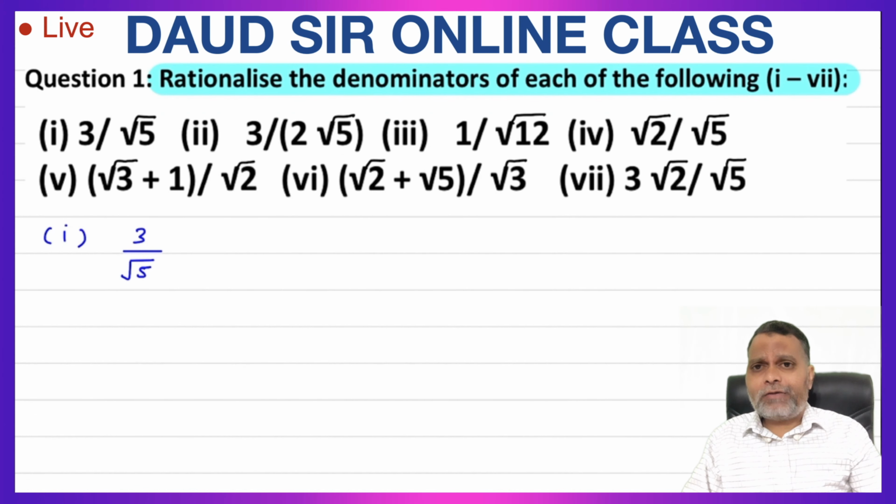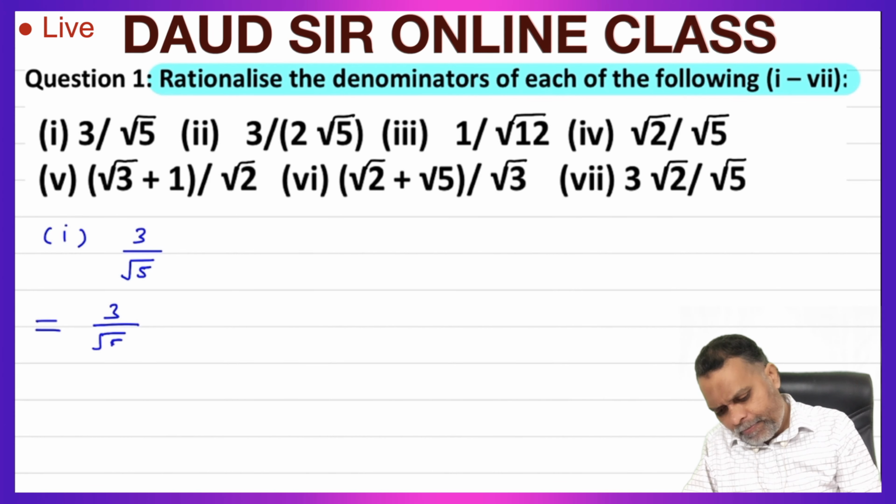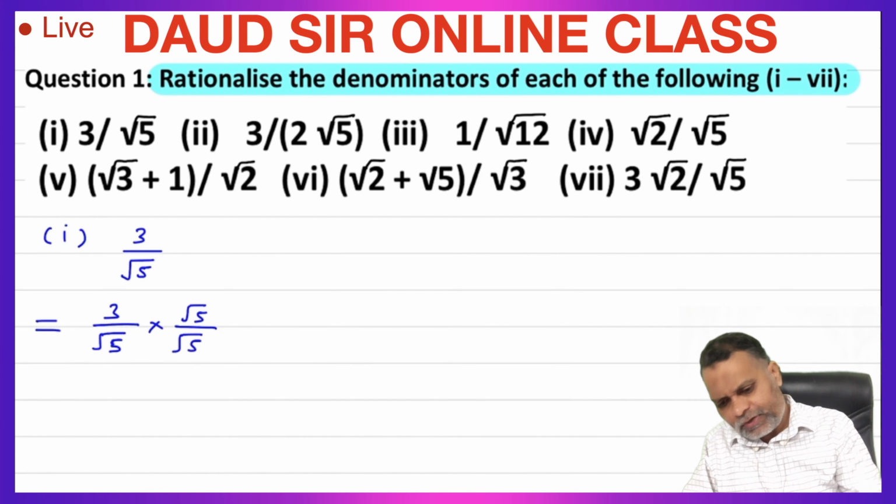Multiplying by root 5 and dividing by root 5 is called rationalizing the denominator here. So we can write this 3 upon root 5, multiplied by root 5 and divided by root 5. This is called rationalizing the denominator.